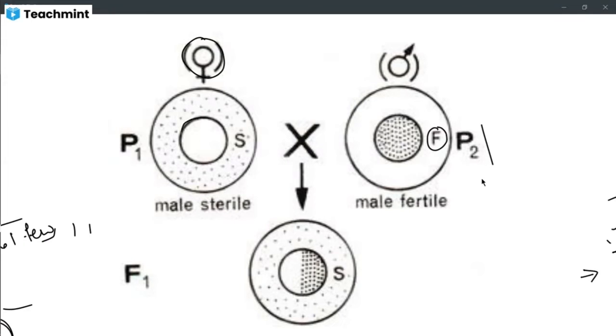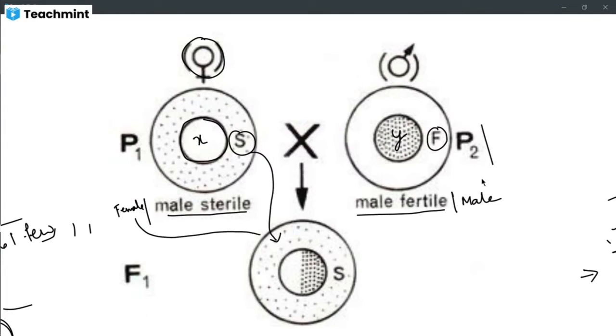But when you see the nuclear condition, for example, assume the nuclear condition of your female is X and the nuclear condition of your male is Y. When you cross your male sterile, that is your female, with your male fertile, the cytoplasm always comes from your female side, in any organism.